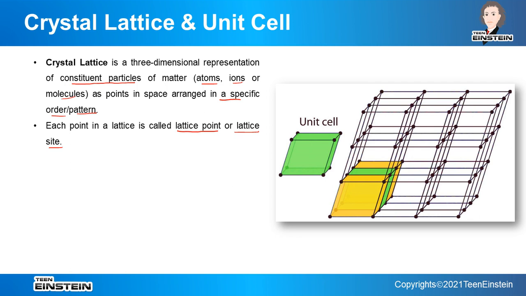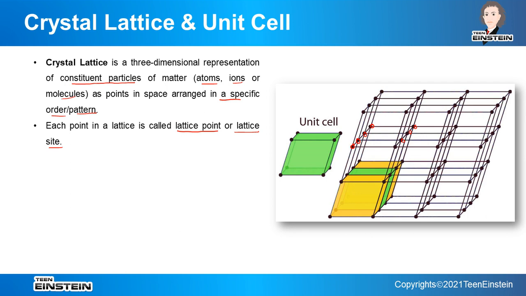Lattice point, lattice site. Yes, it may be atoms, ions or molecules, but in general we will call them lattice point or lattice site. In the picture you can see all these are lattice points, and if you consider this green square, it is not actually a square but square-like, it is the repeating unit.